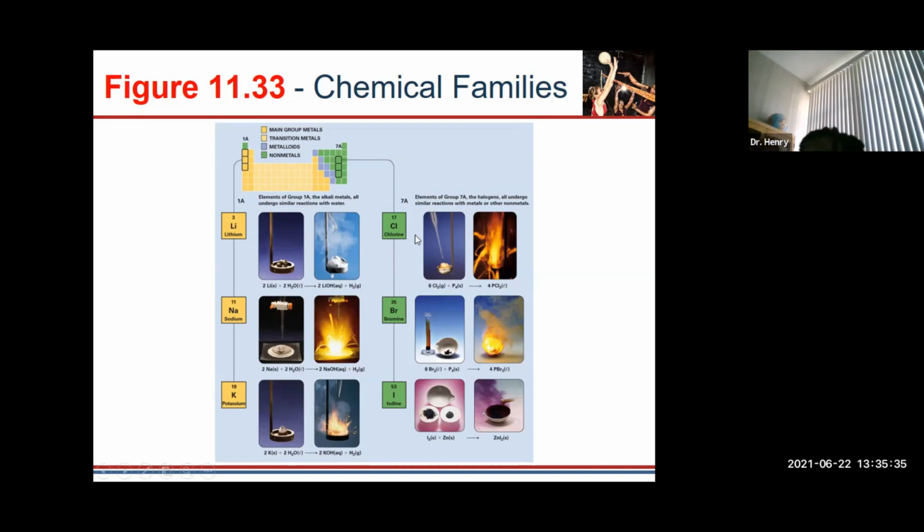Now, the halogens are very reactive. So here we have chlorine and phosphorus. Very, very explosive reaction. What was that? No, that is not getting lit. That's just them coming together, right? So that's what I'm telling you, is that these chemicals are so reactive that just exposure to the air can cause reactions to occur.